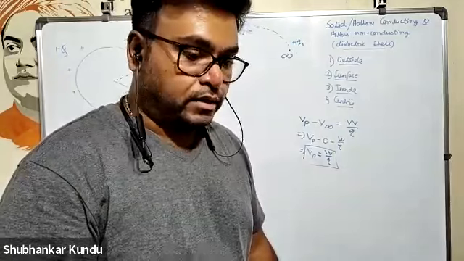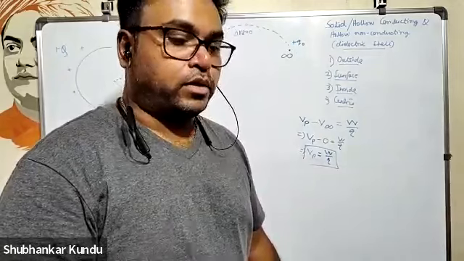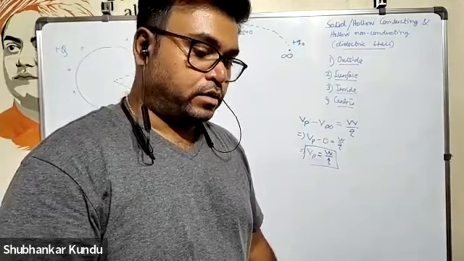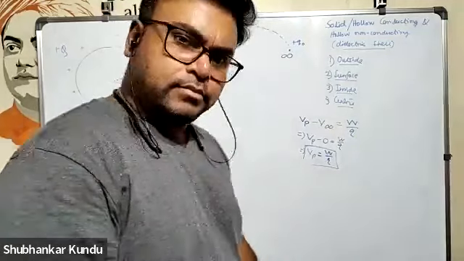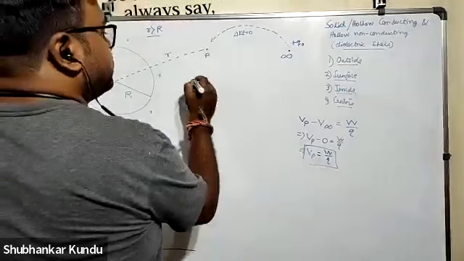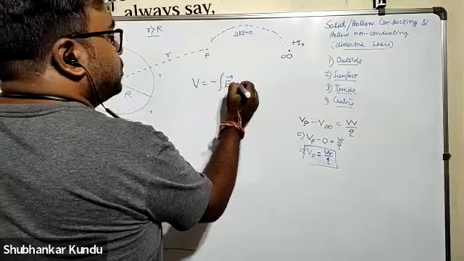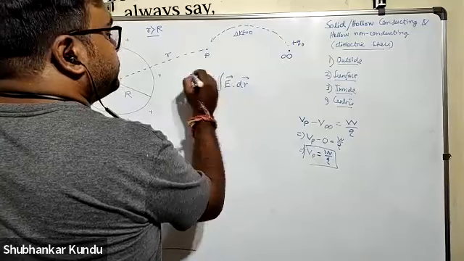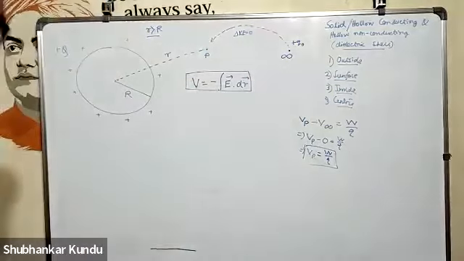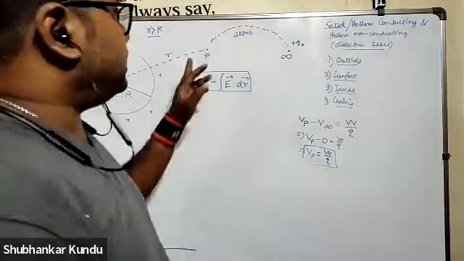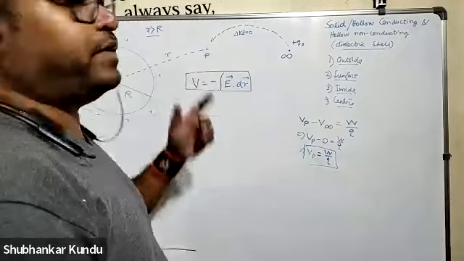So if I want to write the relation between V and E at P, I'll be taking into consideration the relation between non-uniform electric field and potential at P. So for P, I can write V = -∫E·dr. Because in this case the electric field is non-uniform, KQ/r², r is variable.